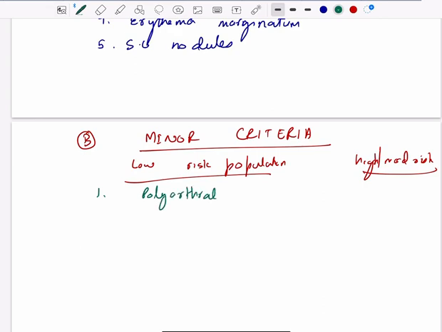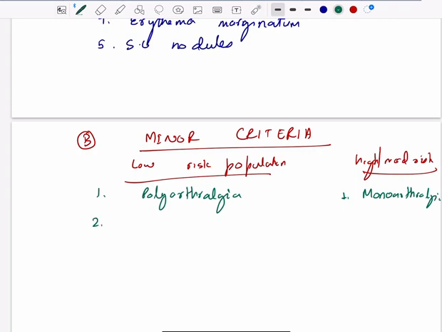So what is the difference? Polyarthralgia in low risk population is a minor criteria, but in high risk population it is a major criteria. So here monoarthralgia, single joint pain, is a minor criteria.